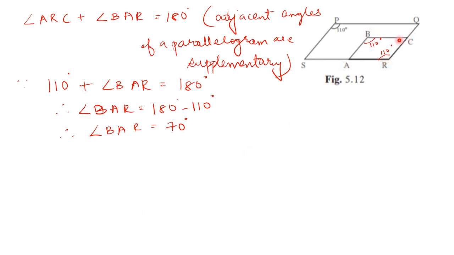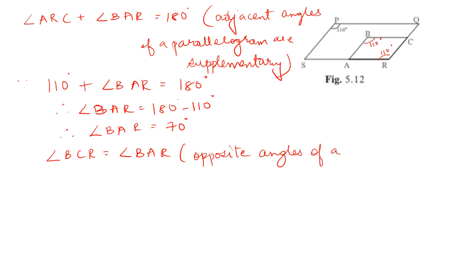Why? Because opposite angles of the parallelogram. So angle BCR is equal to angle BAR, opposite angles of a parallelogram. Okay, so angle BAR we have found as 70 degree.